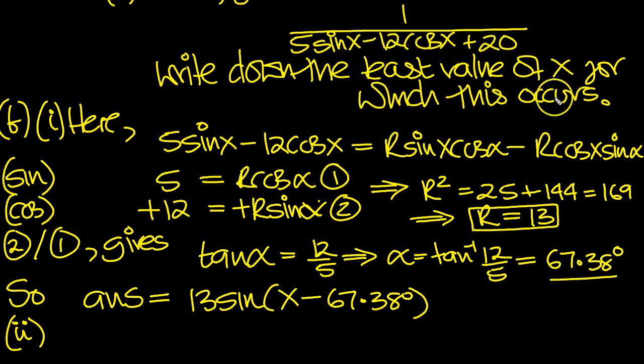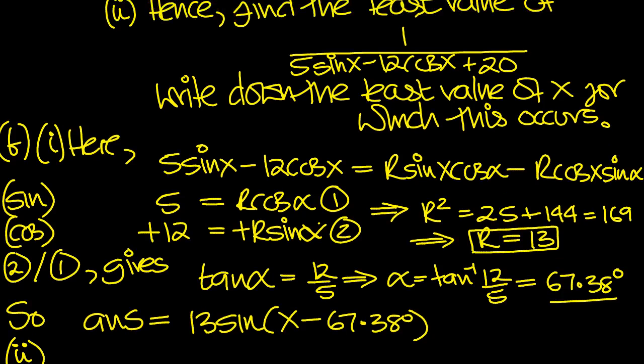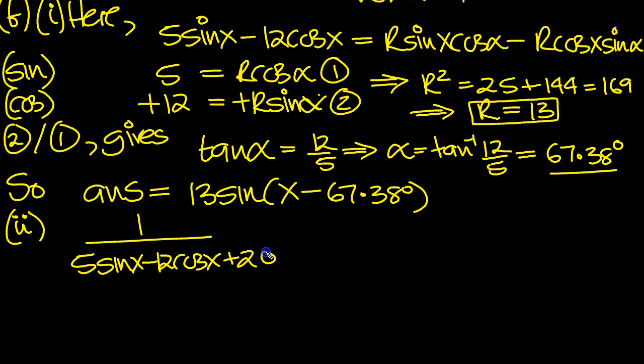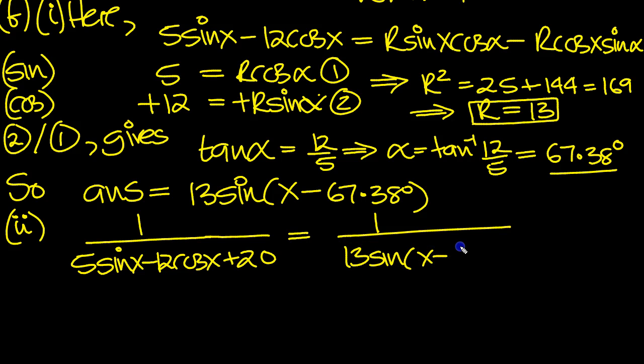Here we want to find out when this has a least value and for what value of x this least value occurs. So we've got 1 over (5 sin x minus 12 cos x plus 20). That's equal to 1 over, now we can replace the first two terms by this, 13 sin(x minus 67.38) plus 20.